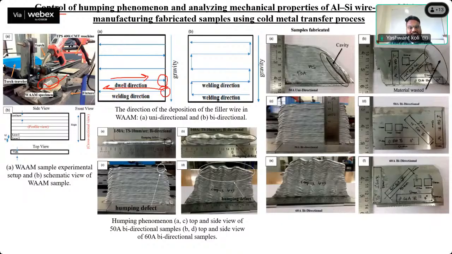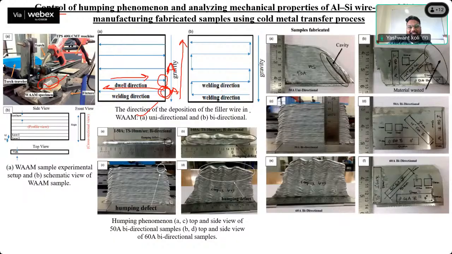So if the first layer starts from point A, the second layer also starts from point A. The same point is the start of each and every layer along the building direction. This is known as unidirectional.